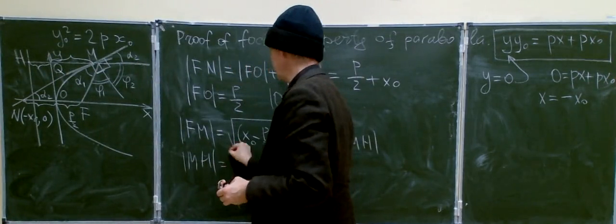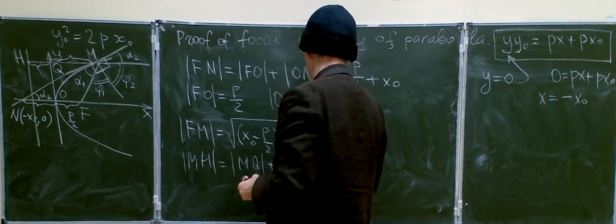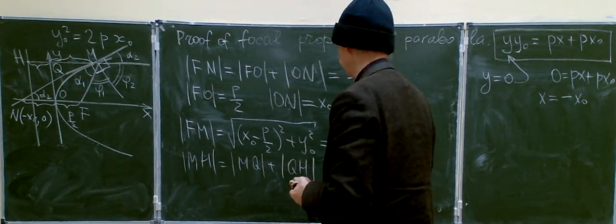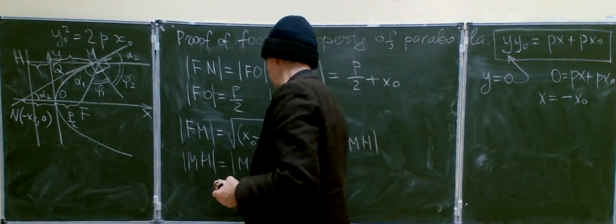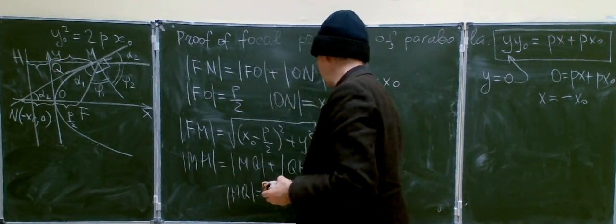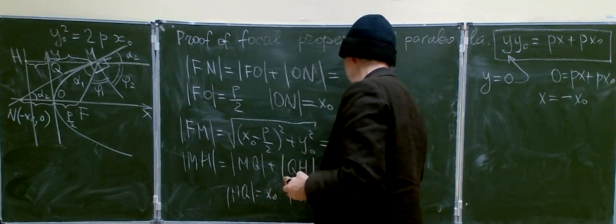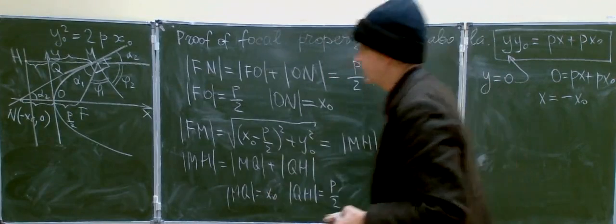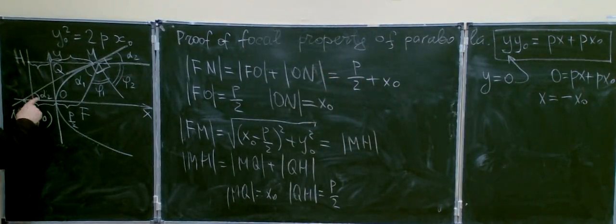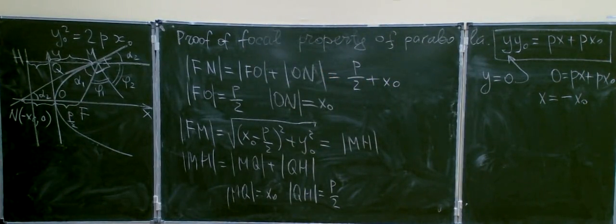MH is equal to MQ plus QH, where MQ is equal to x sub 0 and QH is equal to p over 2, because the distance from the vertex to the directrix is equal to the distance from the vertex to focus, and this distance is equal to p over 2.